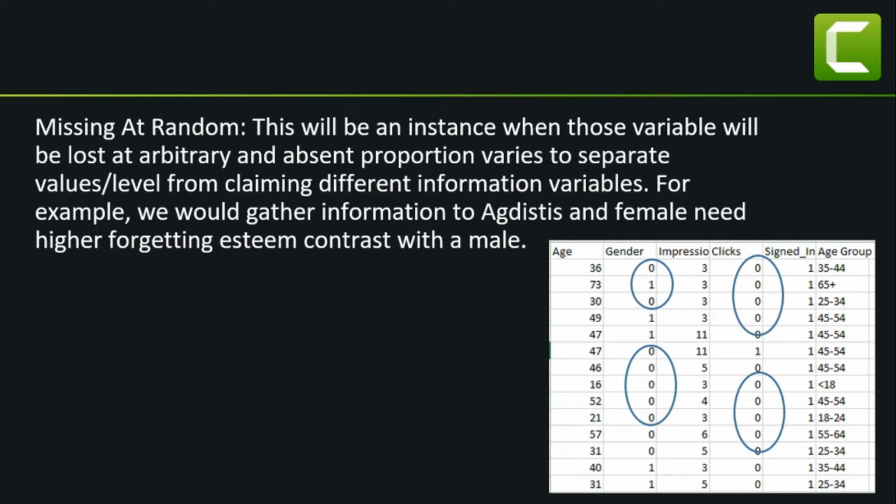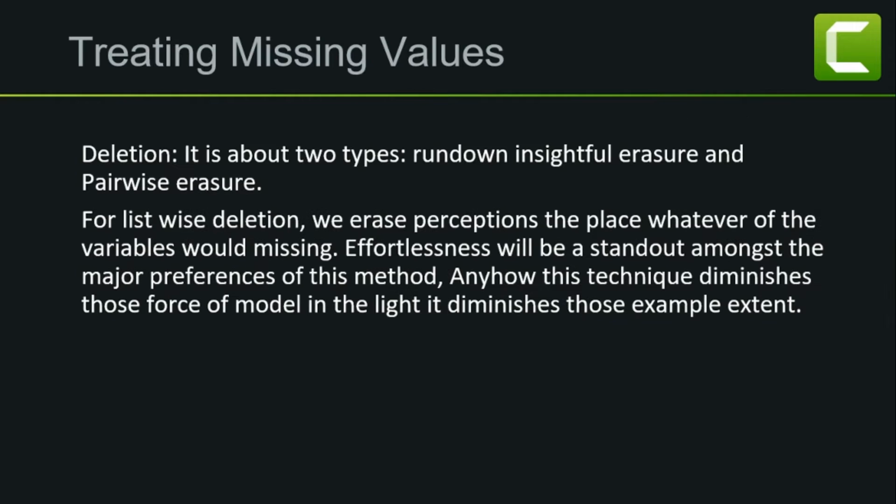Moving on to treating missing values. Deletion. There are two types of deletion: listwise deletion and pairwise deletion. In listwise deletion, we delete observations where any of the variables is missing. Simplicity is one of the major advantages of this method, but this method reduces the power of the model because it reduces the sample size.